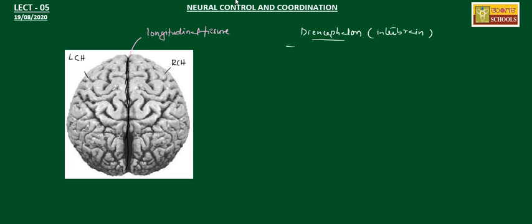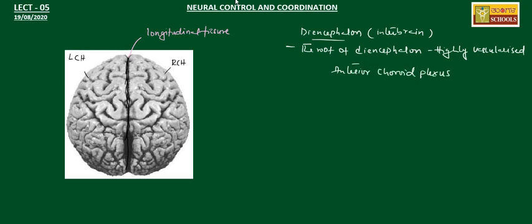The roof of the diencephalon is highly vascularized, and it has the anterior choroid plexus, which is involved in the formation of CSF.